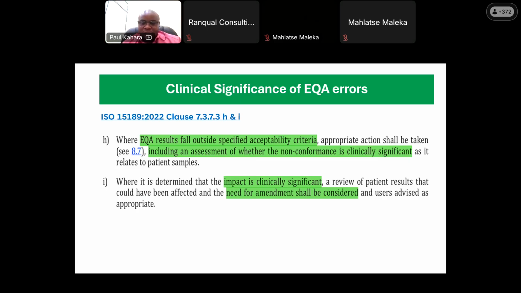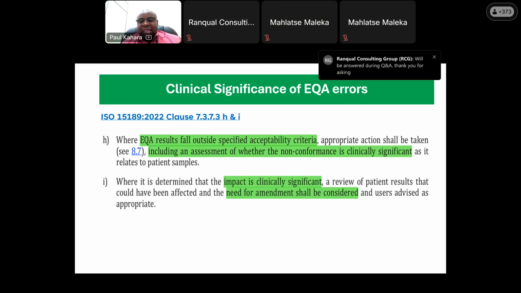So when that nonconformity happens, which is an IQC failure or EQA failure, we should confirm whether it is clinically significant, particularly to the patient results. And when it is determined that the impact is clinically significant, a review of patient results that could have been affected and the need for amendment shall be considered.